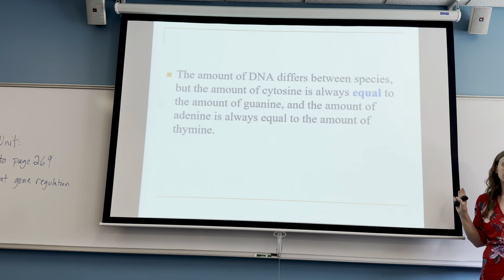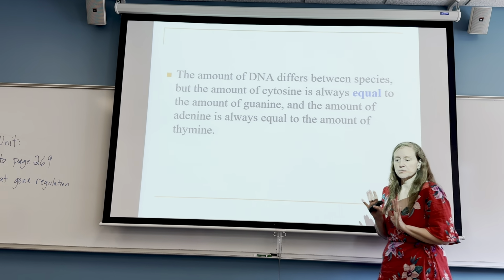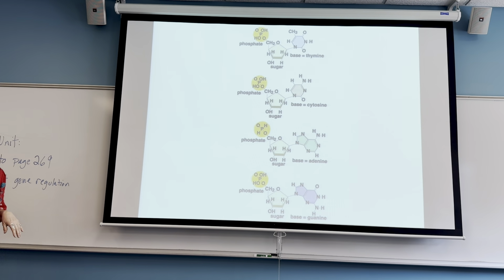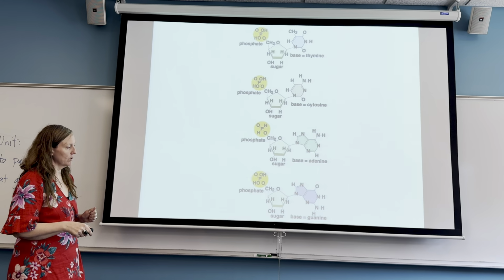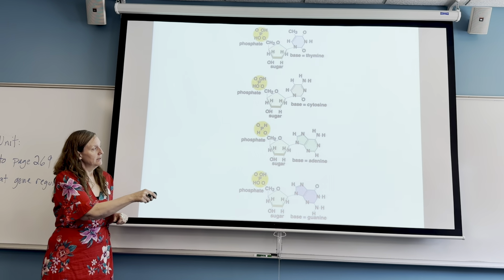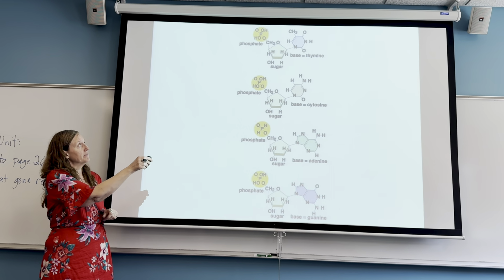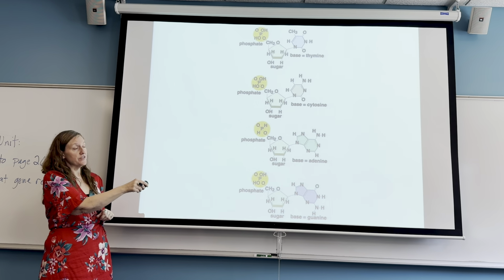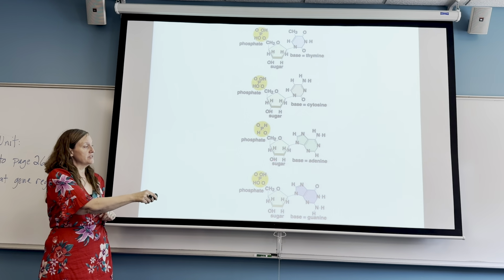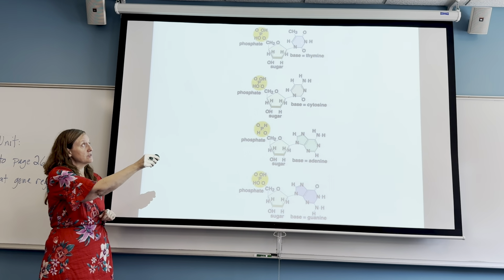And this is just to give you an idea when I say one is bigger and one is smaller, the purines are bigger and the pyrimidines are smaller. What I mean by that is, when we look at, for example, adenine and thymine here, you can see that on all of them, the phosphorus is the same, the sugar, deoxyribose, is the same, but the bases are different.